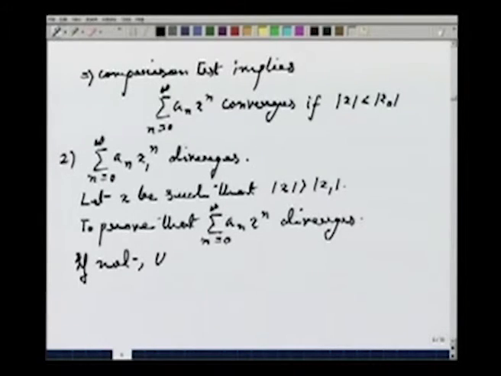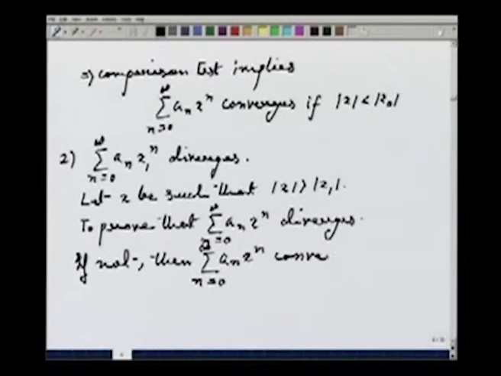To prove that, summation n from 0 to infinity a n x to the power n diverges. This I need to prove. If not, then summation n from 0 to infinity a n x to the power n converges.